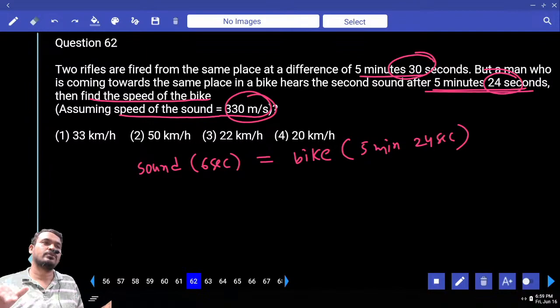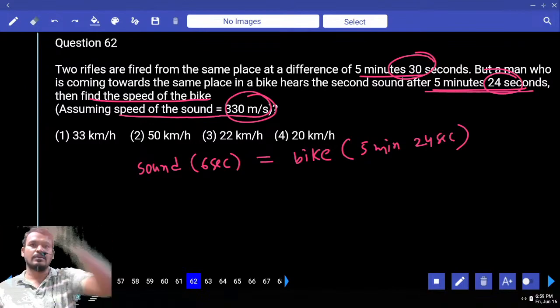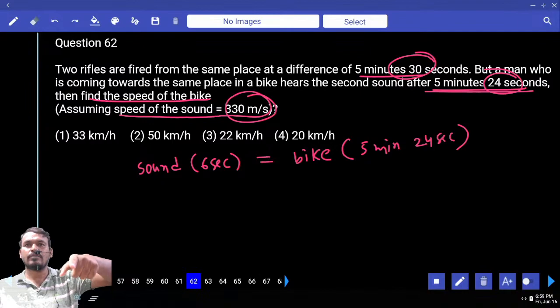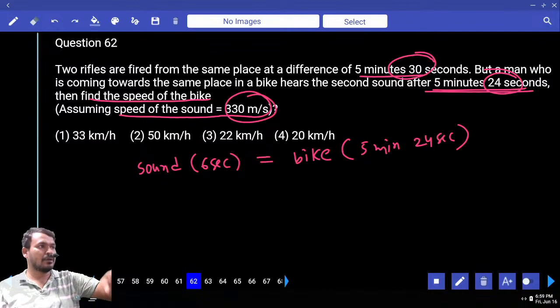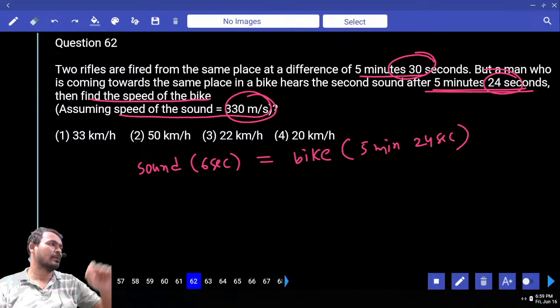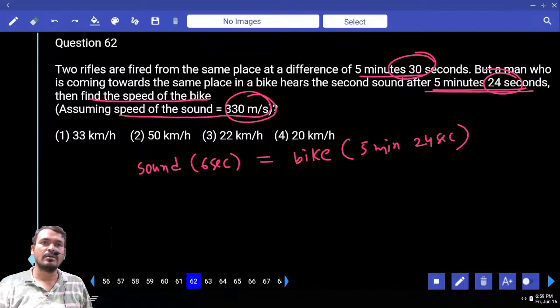The same positions from A to B, how much time did the bike take? 5 minutes 24 seconds. First point A, second point B. From A to B, sound takes 6 seconds, but bike takes 5 minutes 24 seconds.